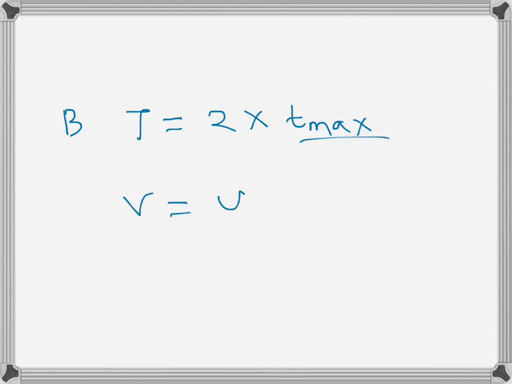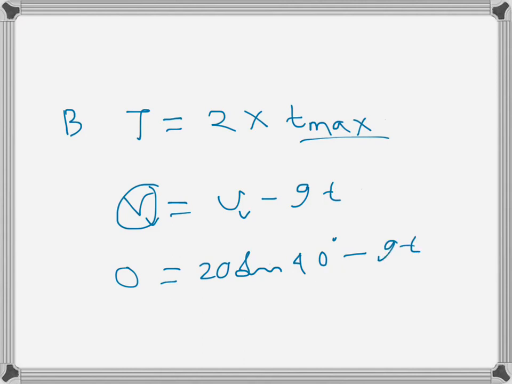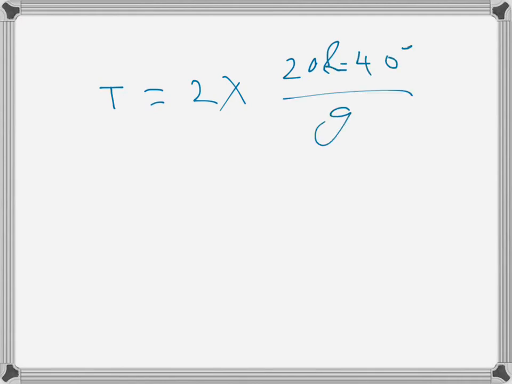So if we use this equation, u minus gt, this will be 0. These are all vertical components, so that will be 20 sin 40 degrees minus gt, so t will be 20 sin 40 degrees over g, and our t will be 2 times that, so 2 times 20 sin 40 degrees over g.